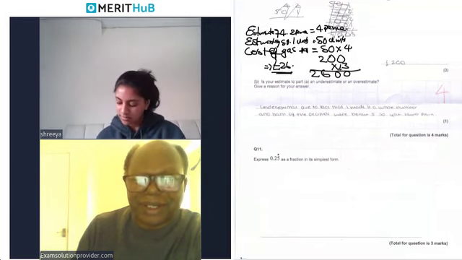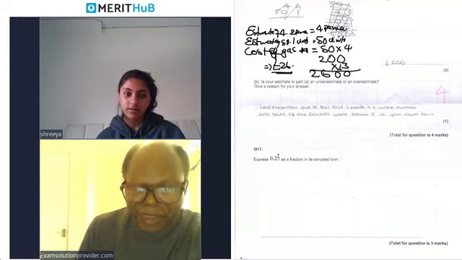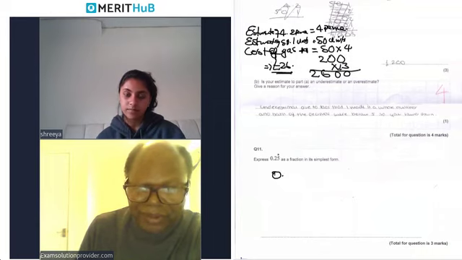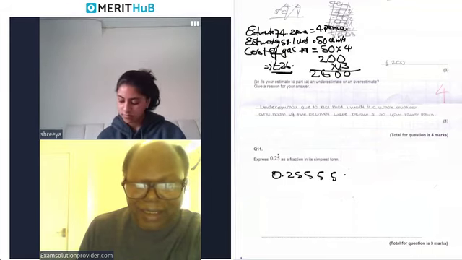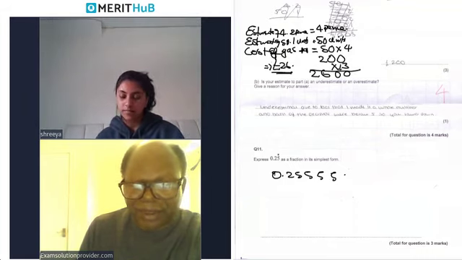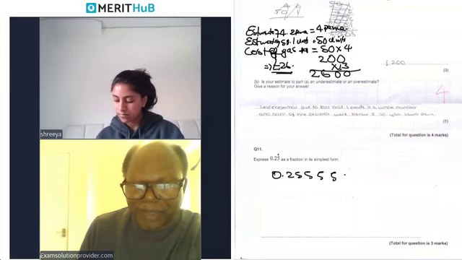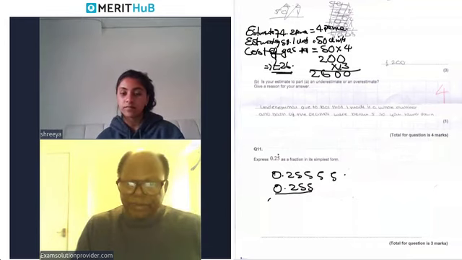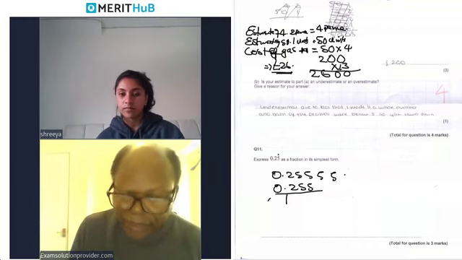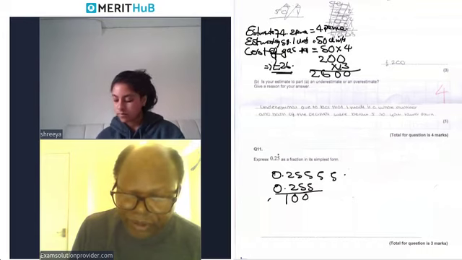I think you just caught up a little bit. This one says 5, 5, so put another 5. What it means here is 0.25, then 5, then 5, then 5. So if we take 0.255, we put 1 here and everything after is 0, 0, 0.